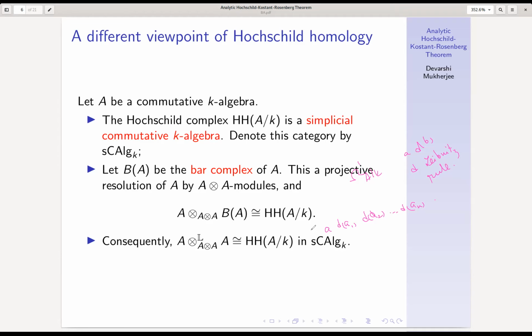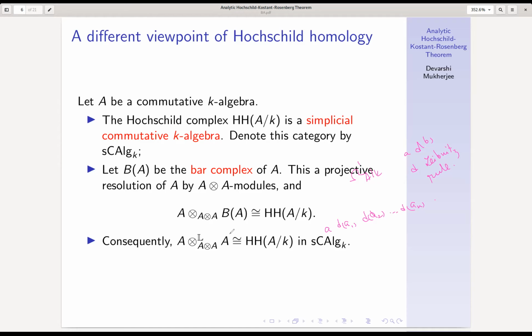And this is a certain projective resolution of the algebra you start with by A tensor A modules or A bimodules. And it turns out that the other complex which I had defined is given by this bar resolution tensored with A over A tensor A. So this is an explicit thing which can be checked degree-wise.